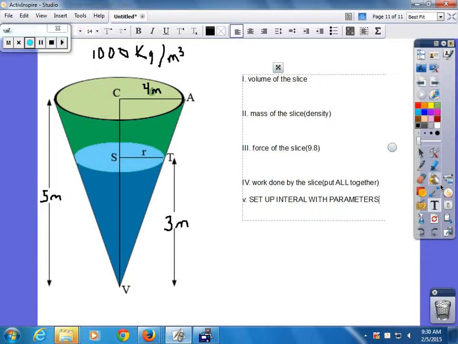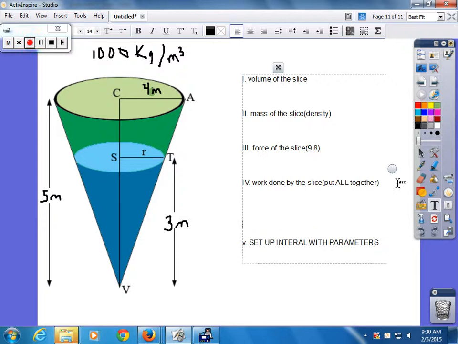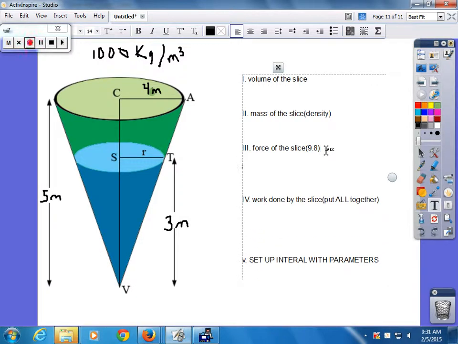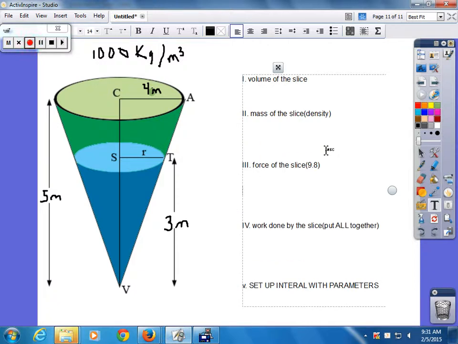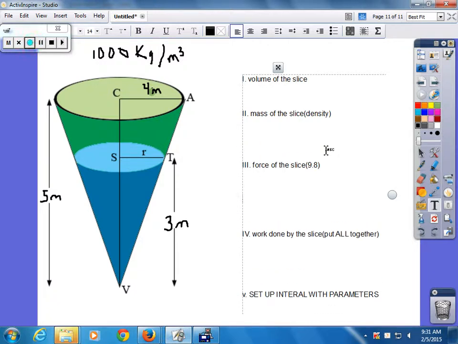So in this case, 0 to 3. That was right. I'm trying to do this in some kind of order, but I know some people are very sequential.